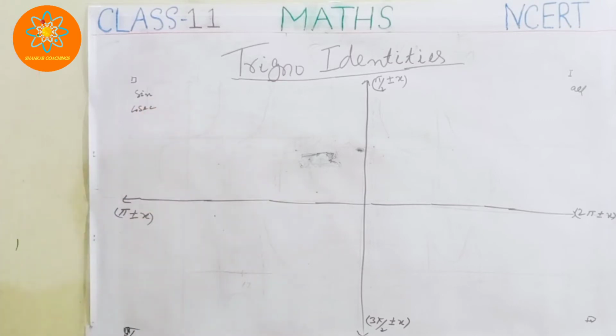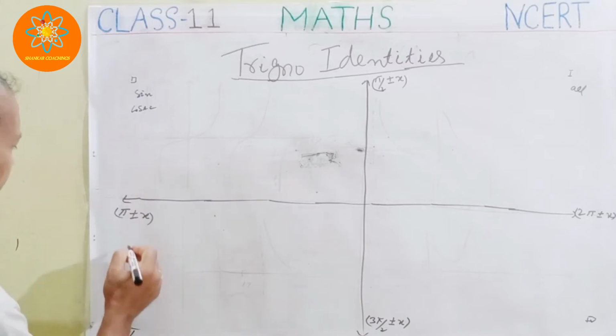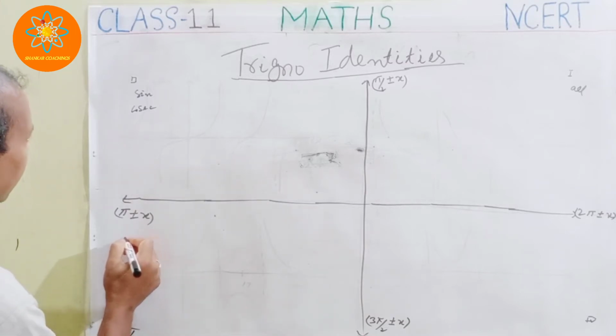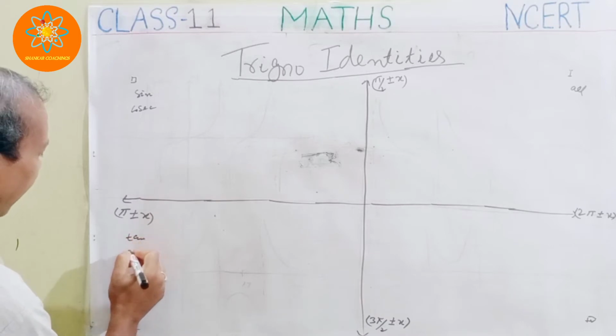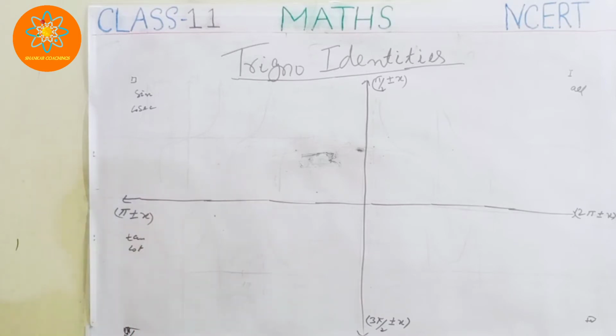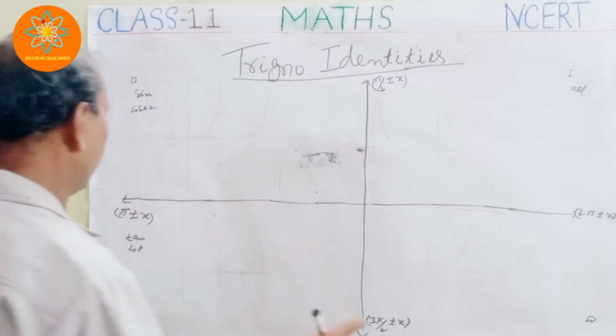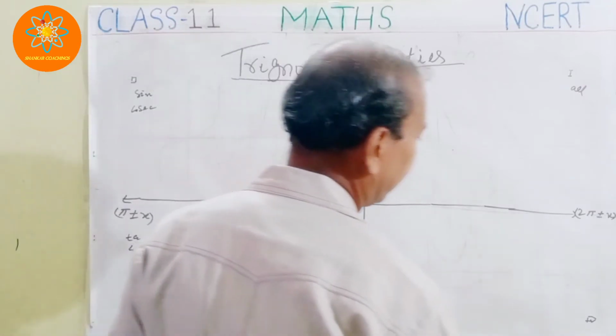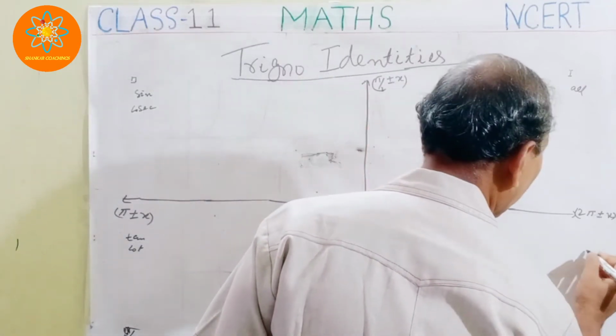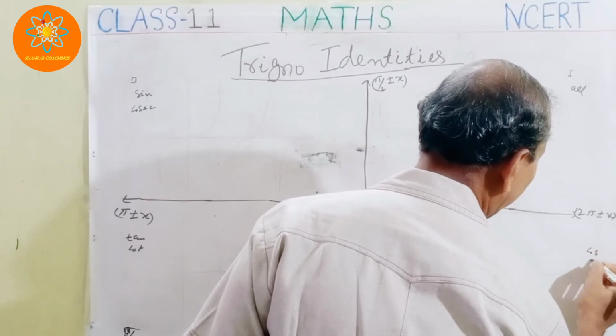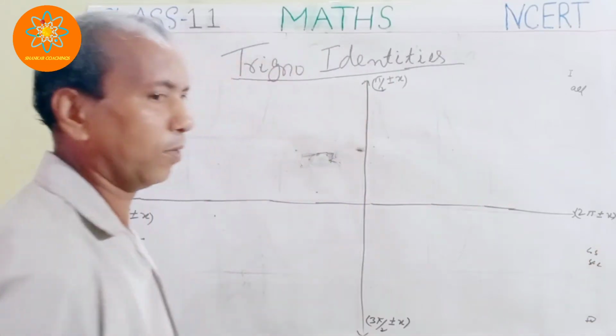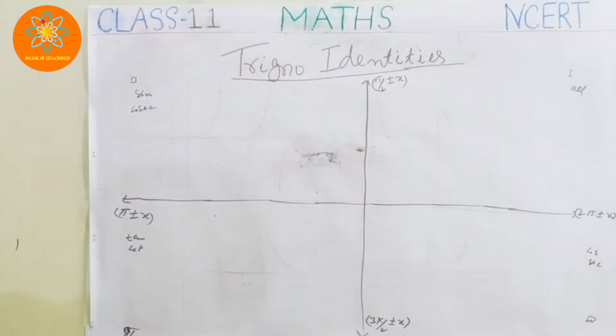Similarly, in the third coordinate, tan and cot, these two are positive. While in the fourth coordinate, cos and its reciprocal, that is sec, are positive.